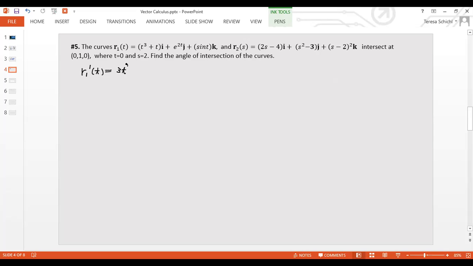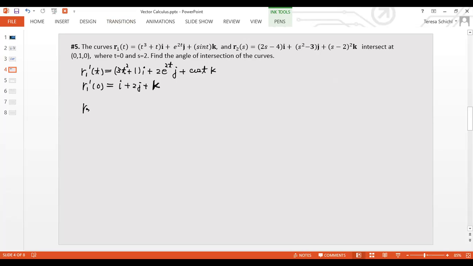This will give me (3t squared plus 1) in the i component, plus 2e to the t in the j component, plus cosine t in the k component. Now when t is equal to 0, r1 prime of 0 is i plus 2j plus cosine 0, which is 1, so plus k. This is the direction of my tangent vector.